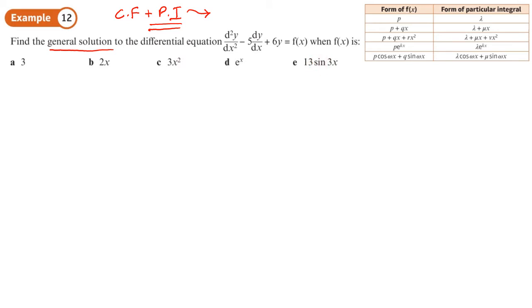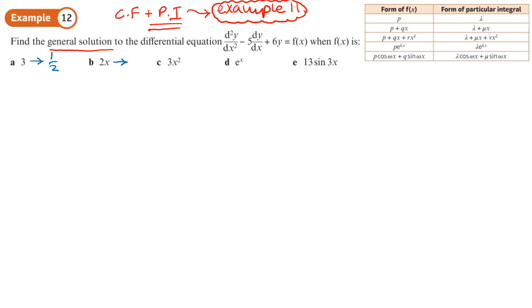So I'm not going to find all of those again. You can look back at the previous example, example 11, and look again, if you need to, at how we worked those out. But for now, I'm just going to write them down. So for part A, that was a half.